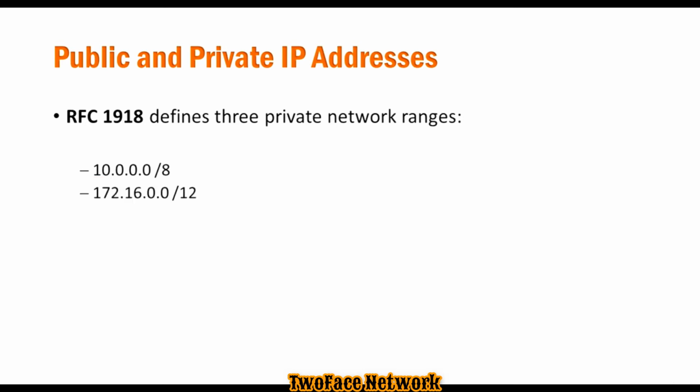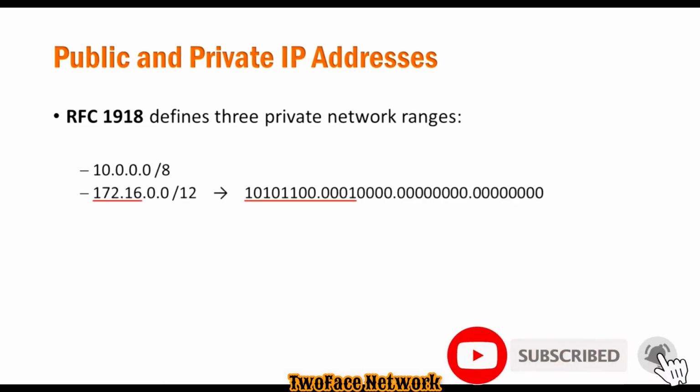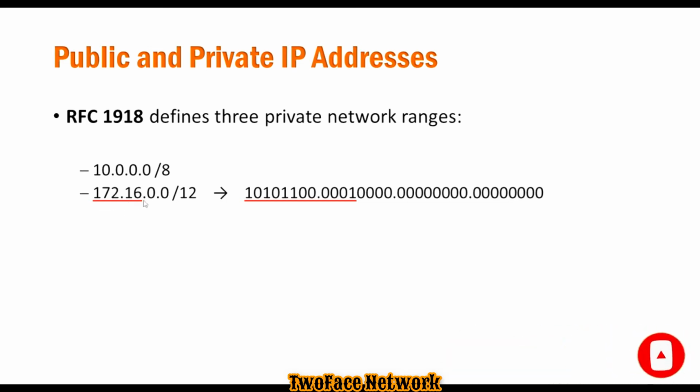The next one is 172.16.0.0/12. And now it's not that easy to differentiate between octets when we talk about this mask, so I'm going to show it here in binary format. This is not really correct because this would be /16 the way it's shown here, but it's correctly shown in this binary representation.